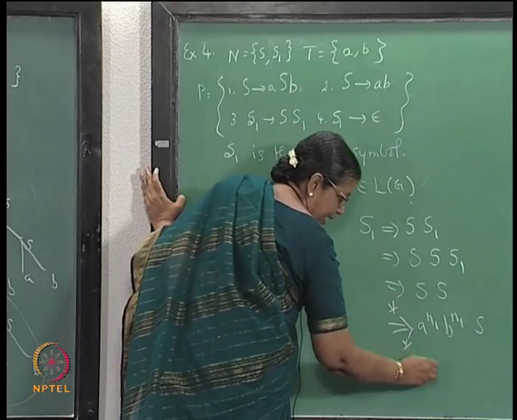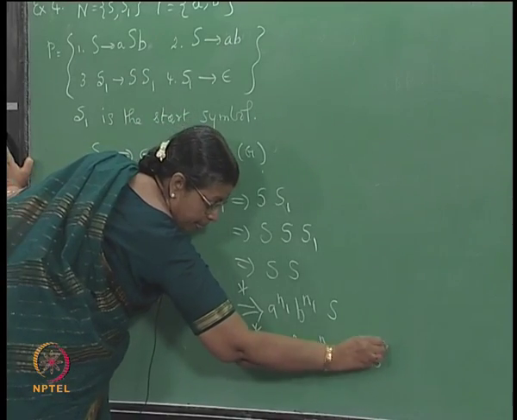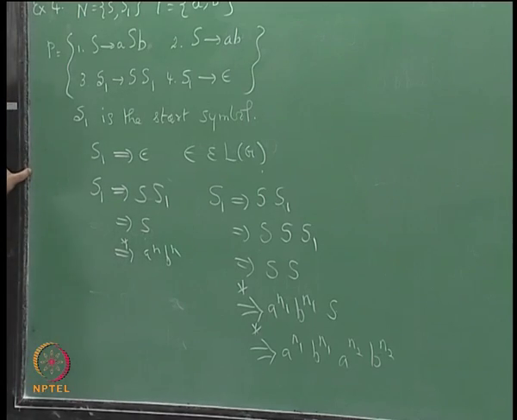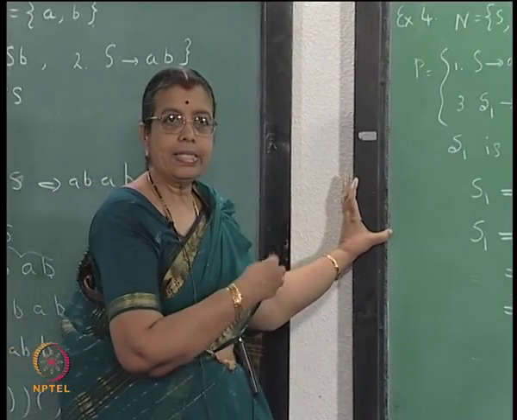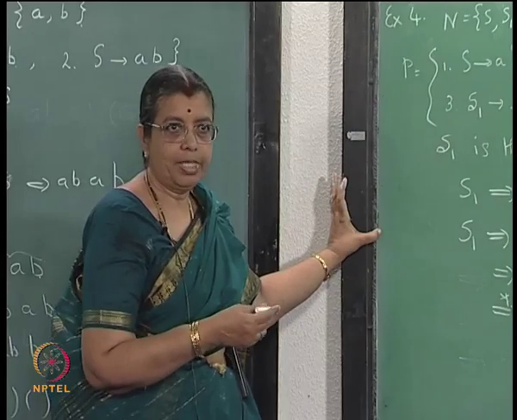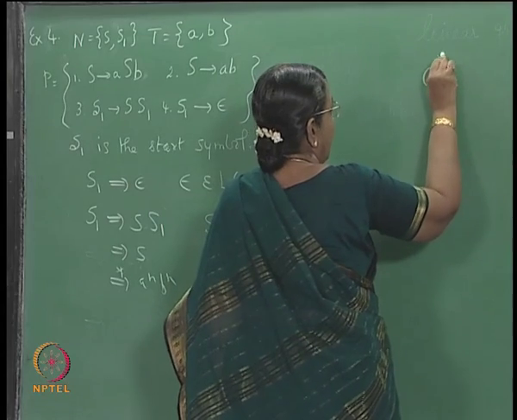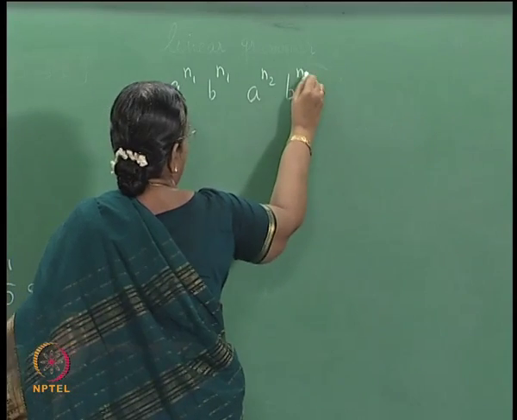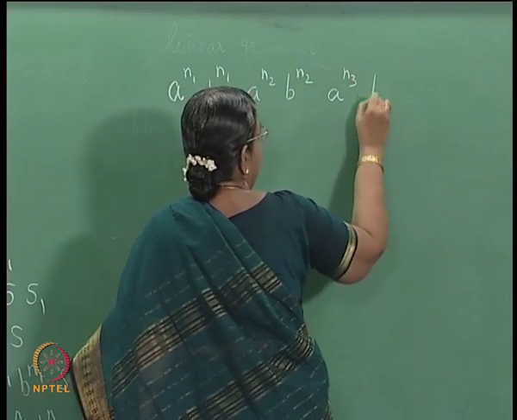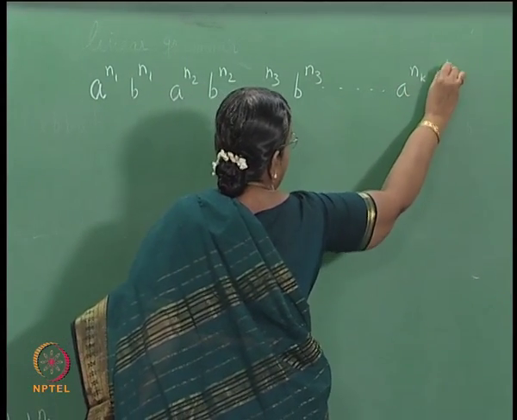Then from the other S I can generate A power n2, B power n2. Okay. This sort of a thing I can do any number of times. So, in general you can derive strings of the form A power n1, B power n1, A power n2, B power n2, A power n3, B power n3, up to A power nk, B power nk.